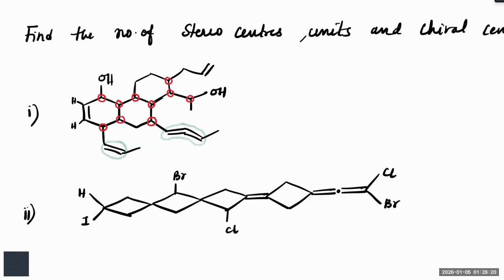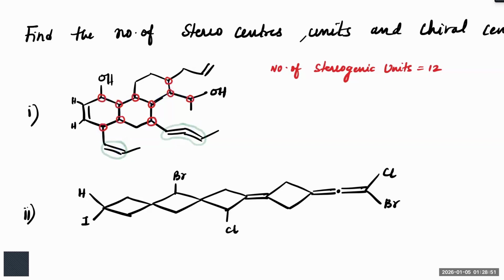So now if I were to ask how many units we have, these are all the units we need to count. 1, 2, 3, 4, 5, 6, 7, 8, 9, 10, 11, 12. So the number of stereogenic units, if you compare, will be 12.